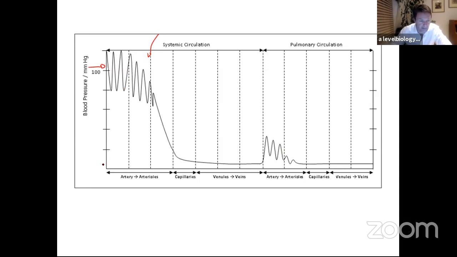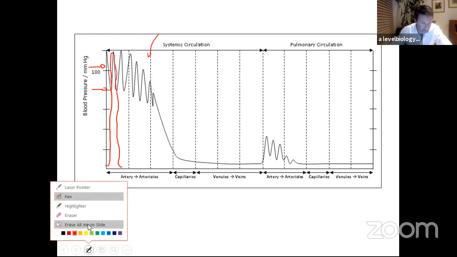Now, if we think about it really hard, this is actually just an extension of the graph we looked at before. So as the pressure increases in the ventricle, when it gets high enough, it pushes blood out from the ventricle into the aorta, which causes this rise in pressure in the aorta.